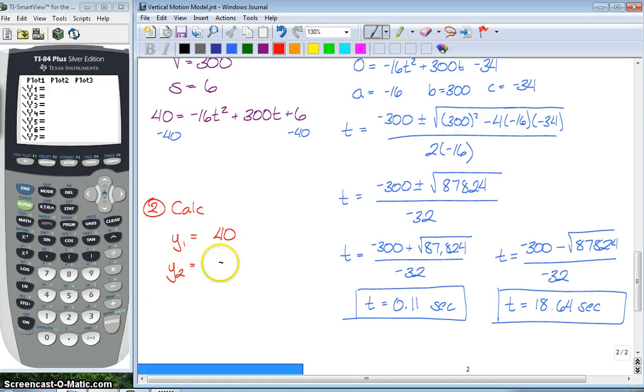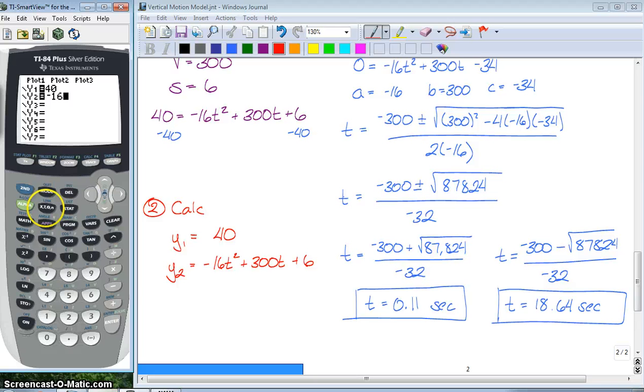In y2, I'm going to type -16 t squared plus 300t plus 6. So we type this in, 40 and -16. Instead of t, I'm going to use x: -16x squared plus 300x plus 6.